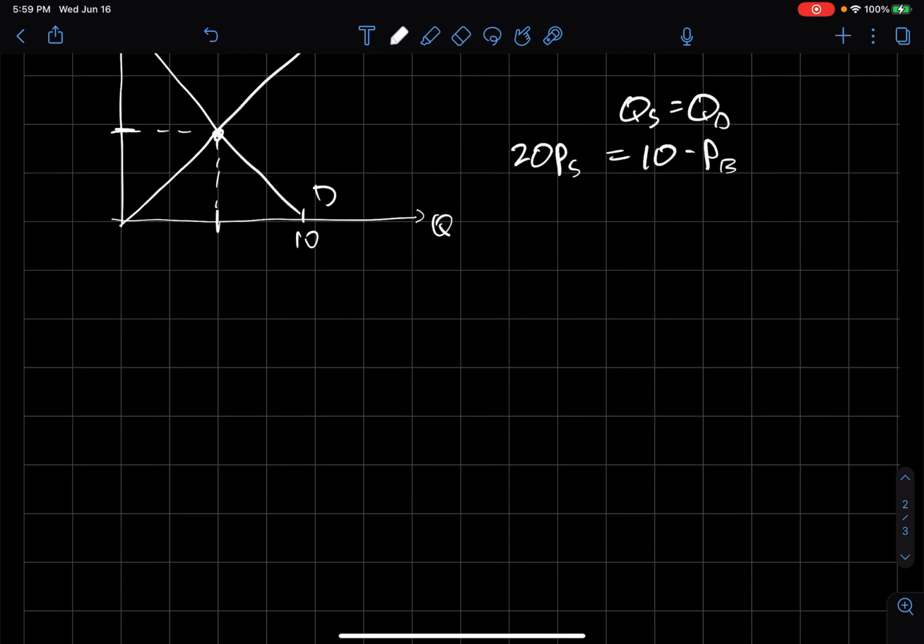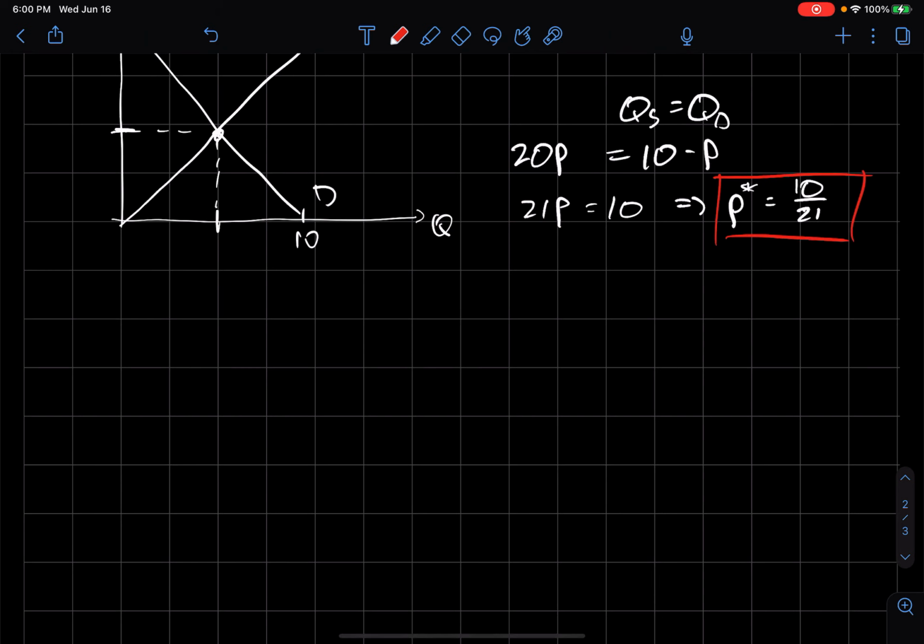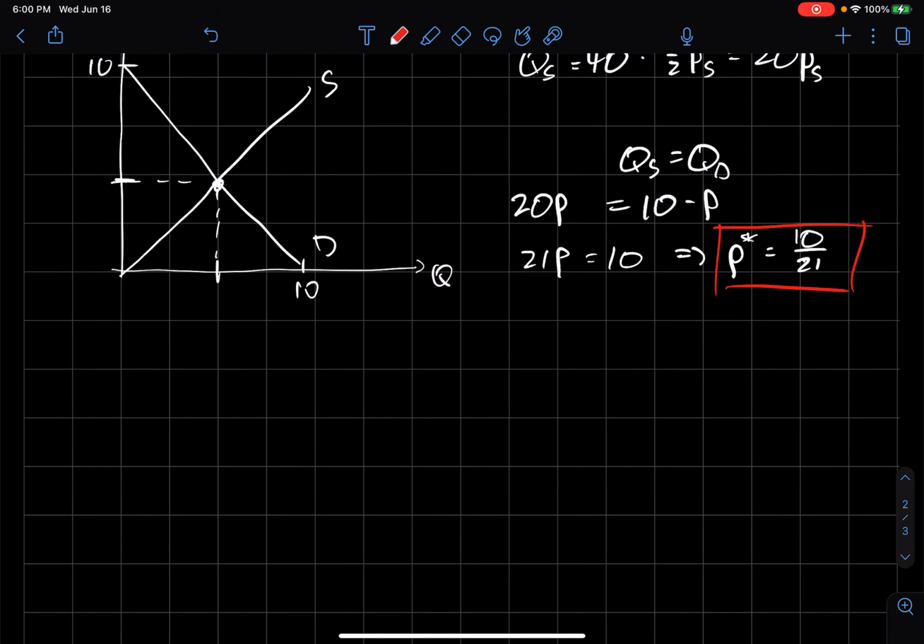Because we have no taxes, PS and PB are equal, so we'll just call them both P. And we can solve. So this is 21P is equal to 10, which gives us P star is equal to 10 over 21. Nice. So this is our equilibrium price, 10 over 21.